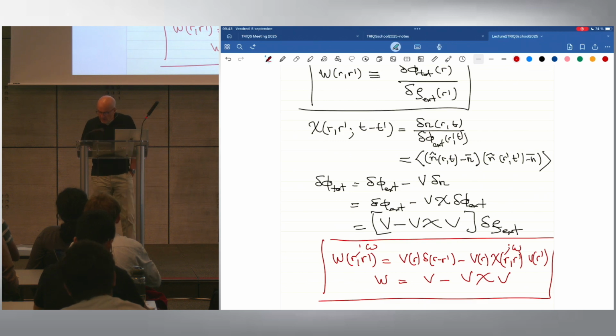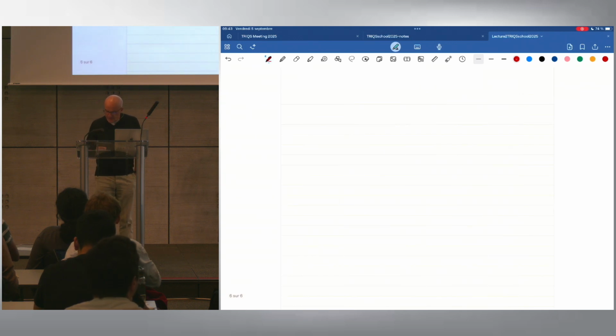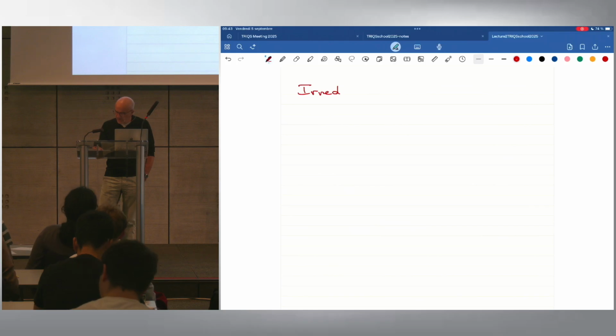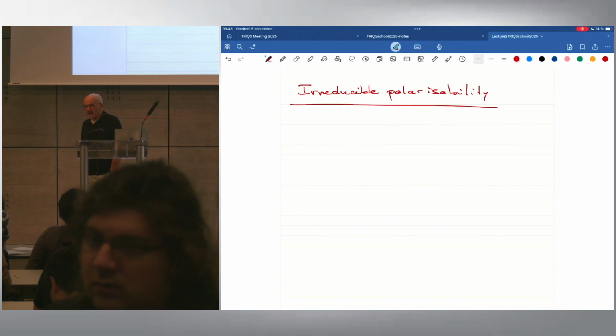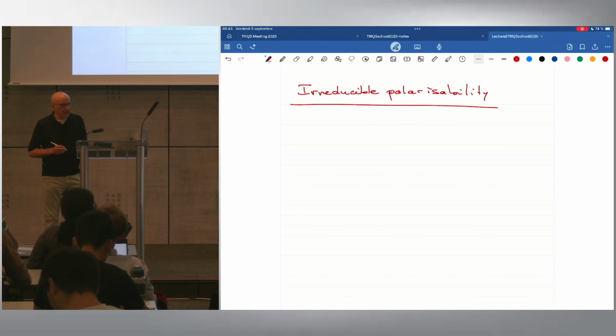Very good. So one last piece of formalism I need to introduce is really just a definition. It's what is called the irreducible polarizability. It's a little bit of a big word. And what is the irreducible polarizability?